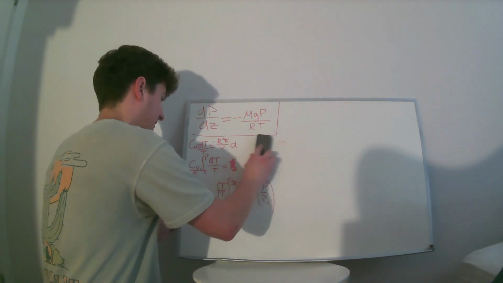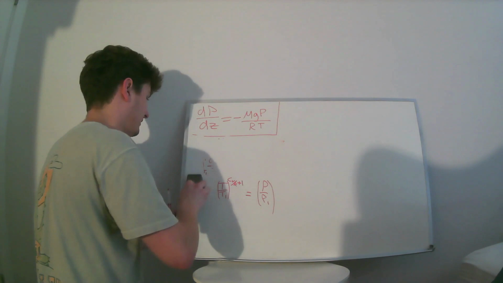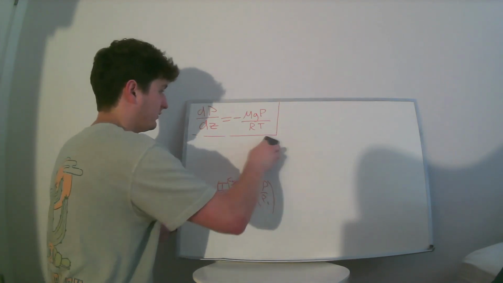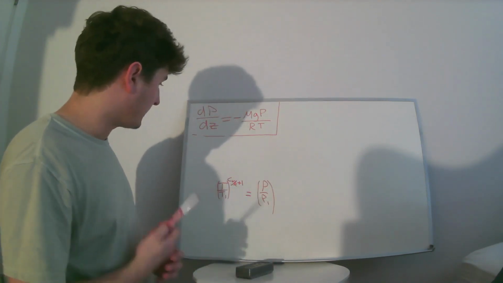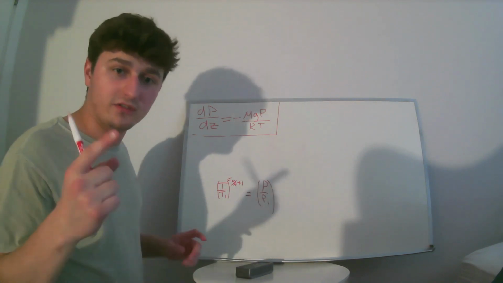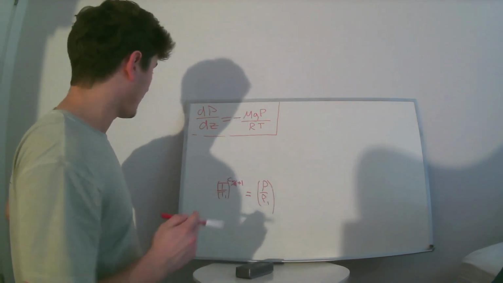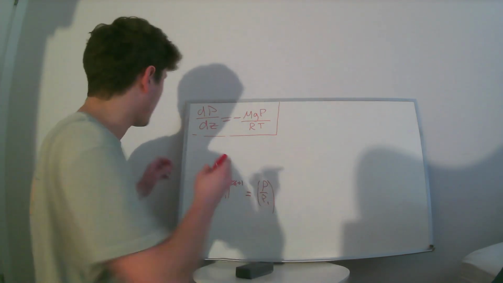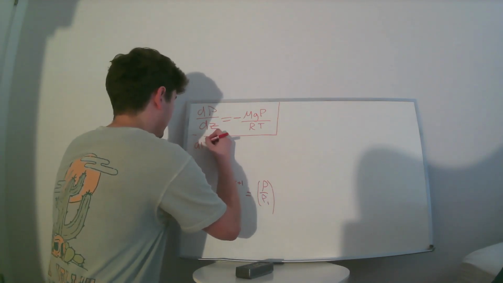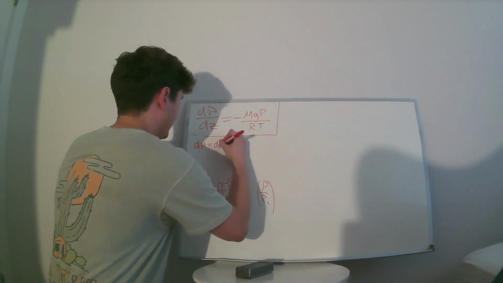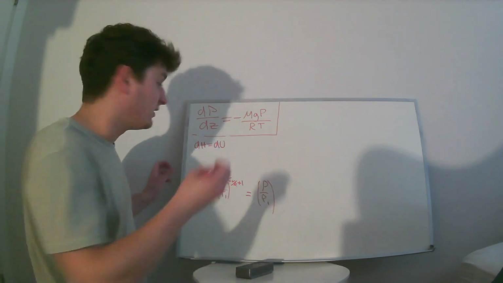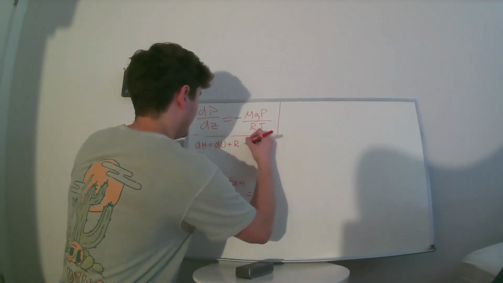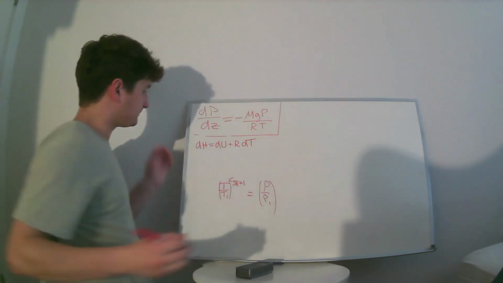Okay. We're really moving now. So what can we do with this right here? There's nothing much we can really do, but there is one simplification I would like to make. Since we have an ideal gas, we know that the change in enthalpy is going to be equal to the change in internal energy plus R times the change in temperature.